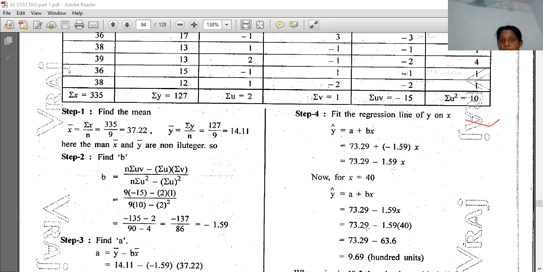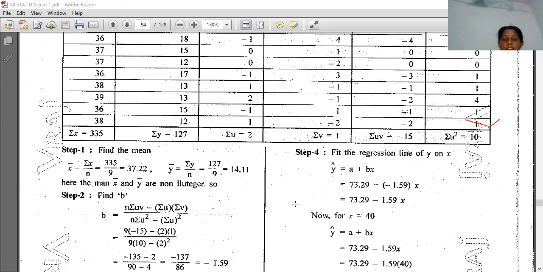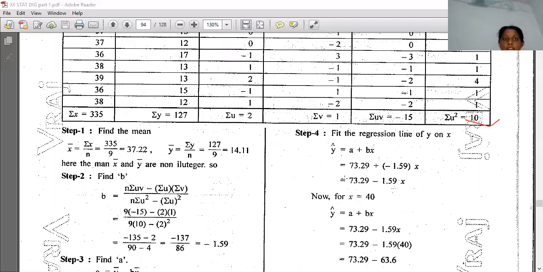Now step 4, that is to find the regression line of y on x, that is y cap is equal to A plus bx. So value of A is 73.29 plus minus 1.59 into x, and the value of x is given. So this will be your y cap. Then you have to write the statement: for x equal to 40, or else you can write substitute the value of x equal to 40 in the y cap.